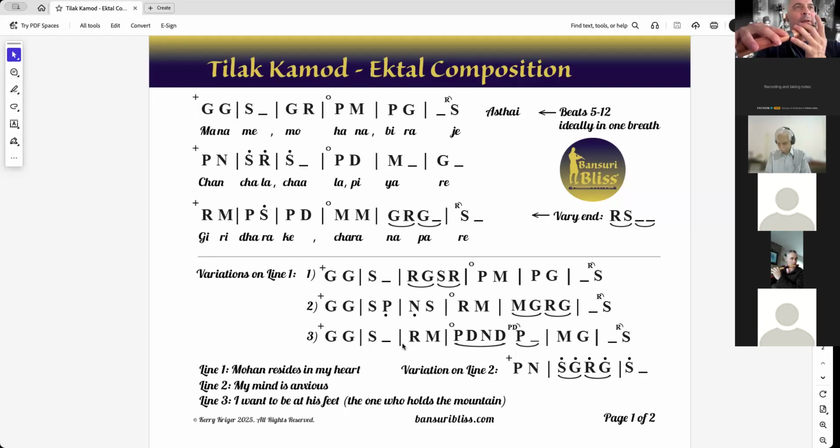You could either not ornament the ga, or you could slide through the ma to get to the ga, pa ma ga, or you could do another da ornament, da pa da ma da pa da ga. You could make the first 4 beats of the second half of the line all have a da ornament.